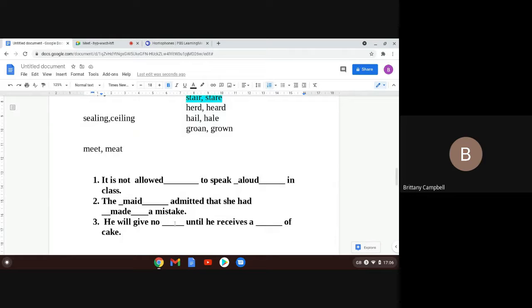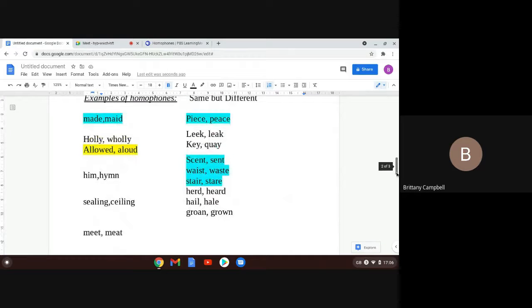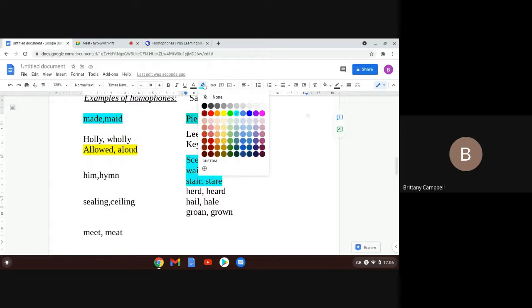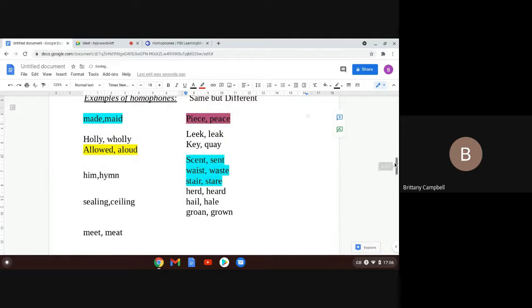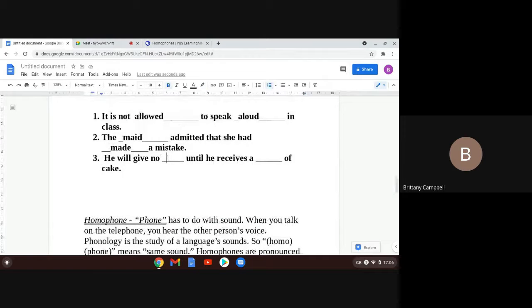He will give no peace until he receives a piece of cake. Which do we insert here based on the spelling? Peace and piece. Okay, let us see. All right, so he will give no peace until he receives a piece of cake. Awesome job.